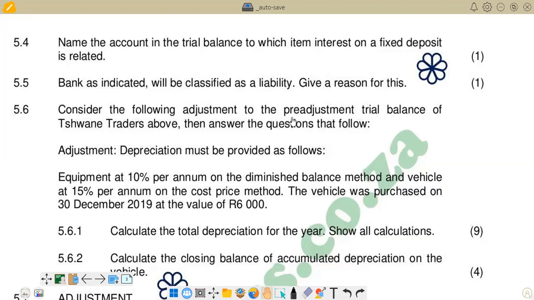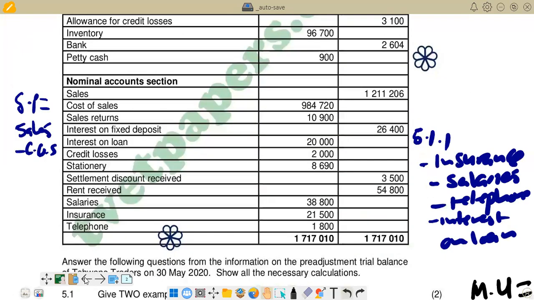But obviously, when we adjust it in the income statement, we are going to adjust it just below the net profit there, as we add the interest received. So that's what we have in terms of the fixed deposit. So we go to the pre-adjusted trial balance and see which figure they are asking there.